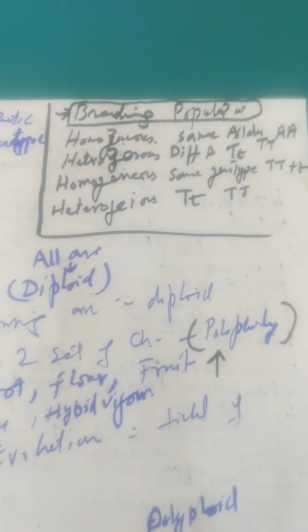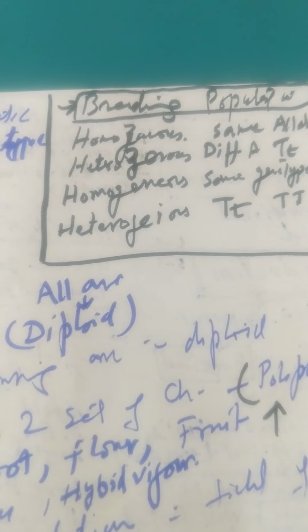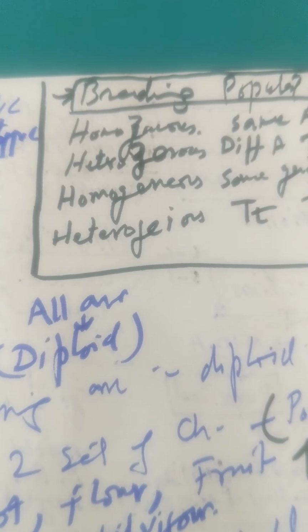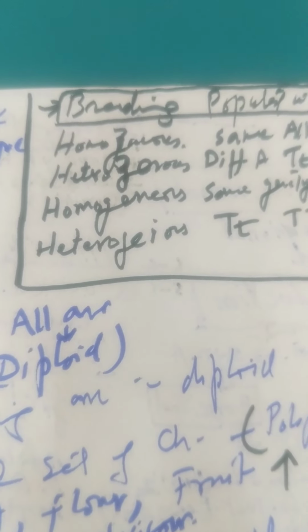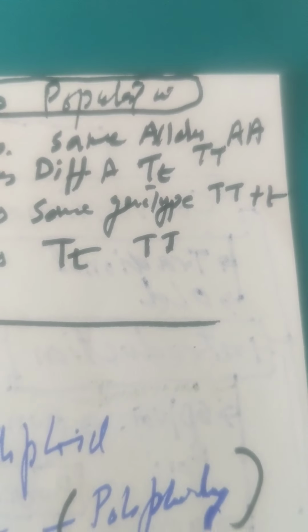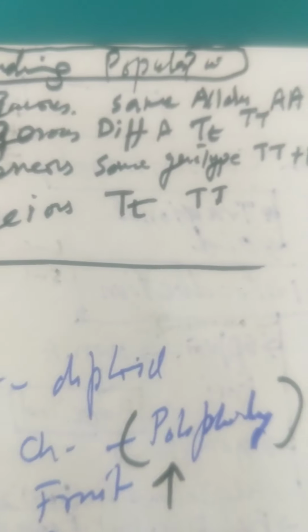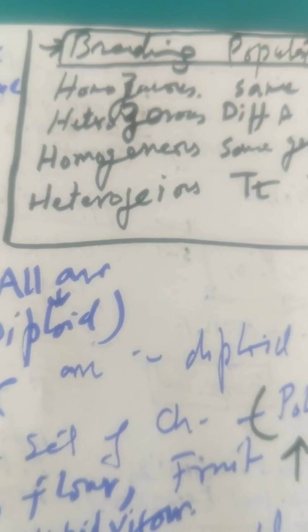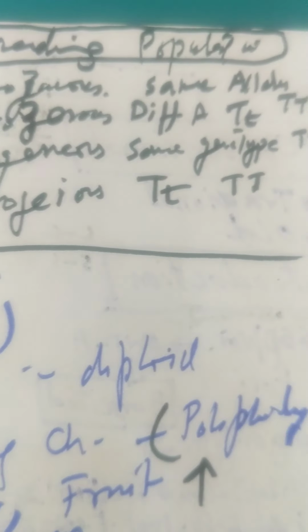One more thing: in breeding methods, the breeding populations used are of four types: homozygous population, heterozygous population, homogeneous population, and heterogeneous population. A homozygous population is a population having the same alleles, like capital T capital T or small t small t, and a heterozygous population is a population having different alleles, like capital T, small t.